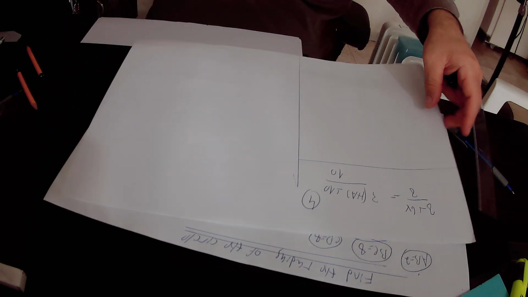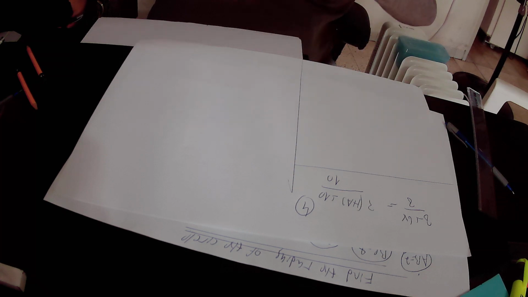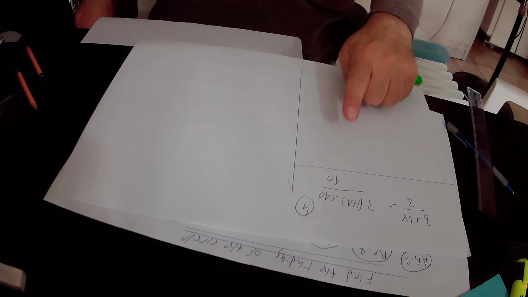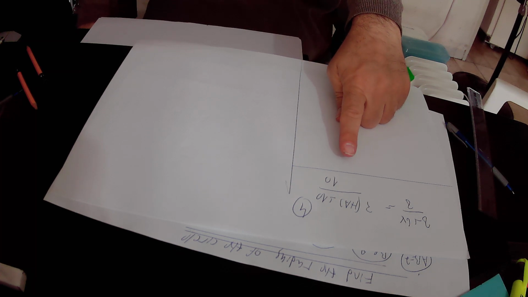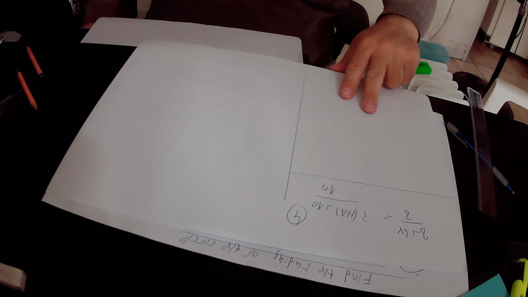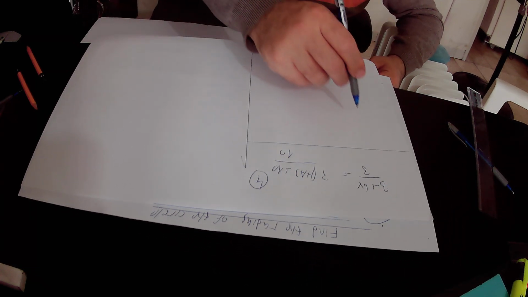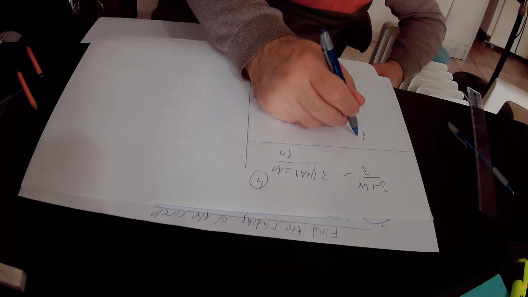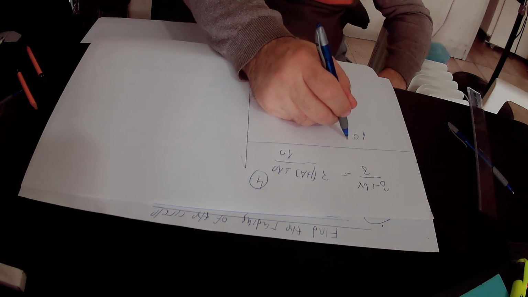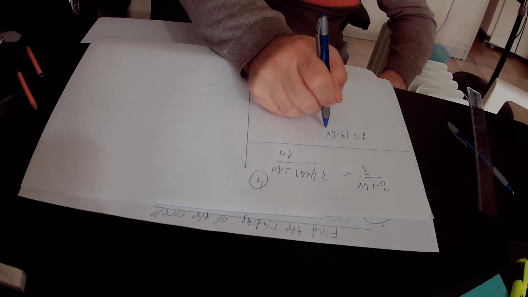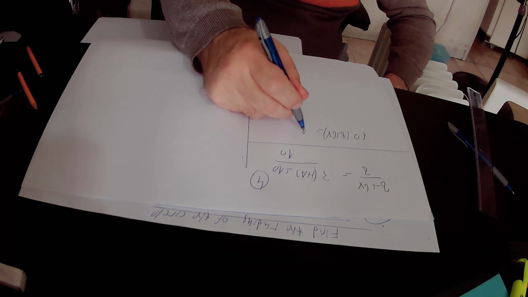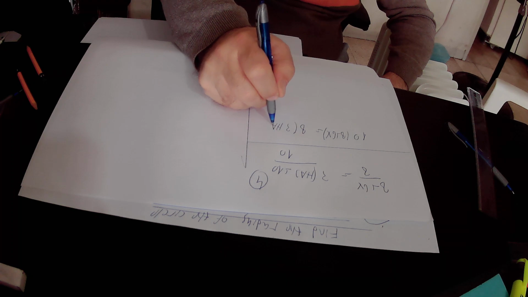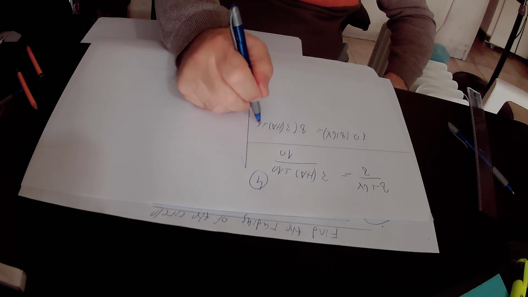We found out that 8 plus 6x over 8 equals 3HA plus 10 over 10. Here we cross multiply this equation and we get that 10 times 8 plus 6x equals 8 times 3HA plus 10.